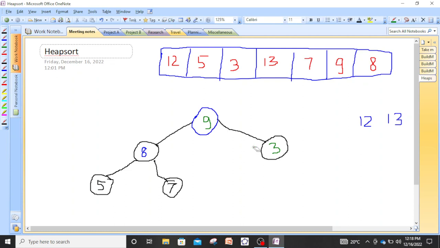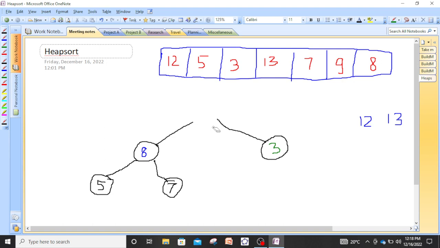Now you see that this structure is the max heap, and in the max heap the largest value exists at the root node, and this time it is 9. So this 9 will be deleted. Since you have deleted 9, there is no need of keeping a circle there.